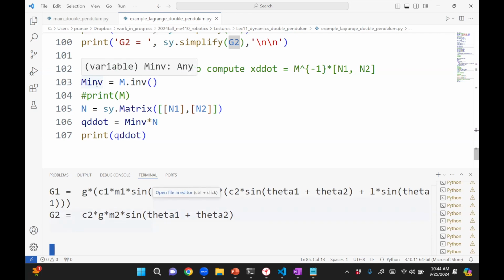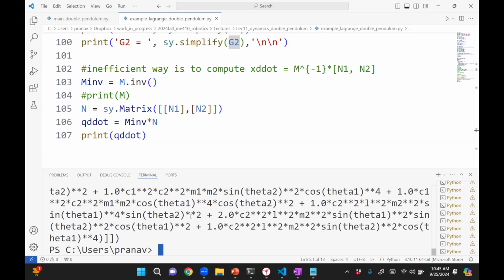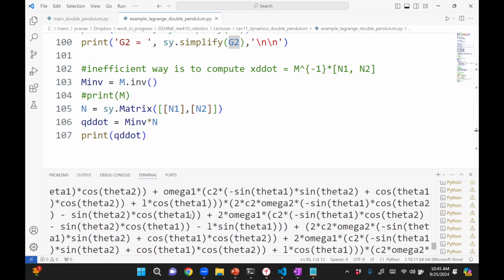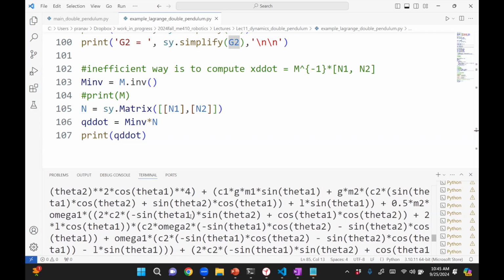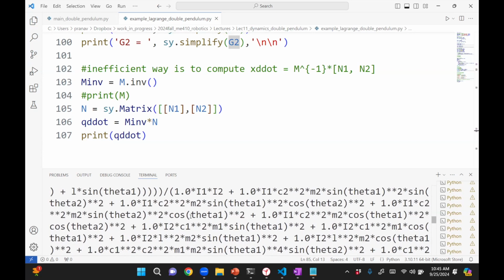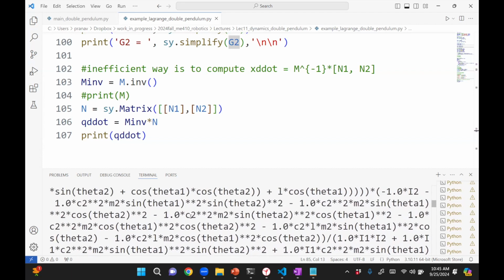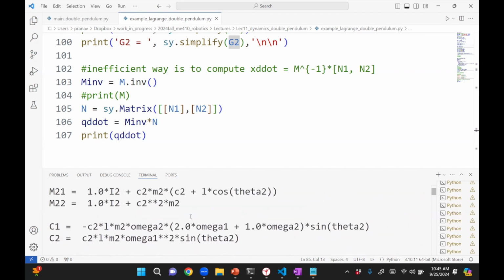And then you'll see something similar to the equations of motion. It's going to be really long. Okay, so here's what comes out. These are the symbolic values.